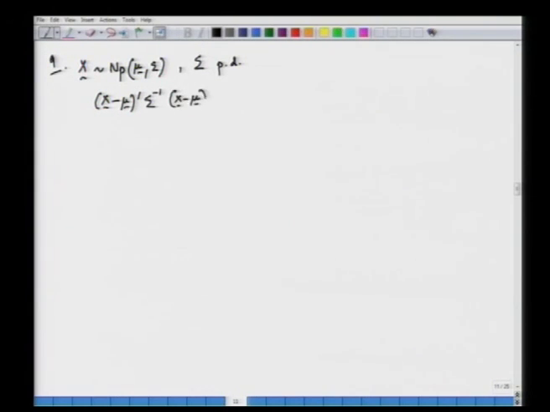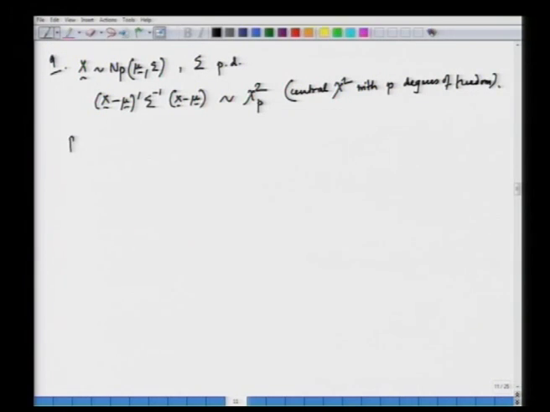This completes our quadratic form: x minus mu transpose sigma inverse x minus mu. This follows a central chi-square distribution with p degrees of freedom.